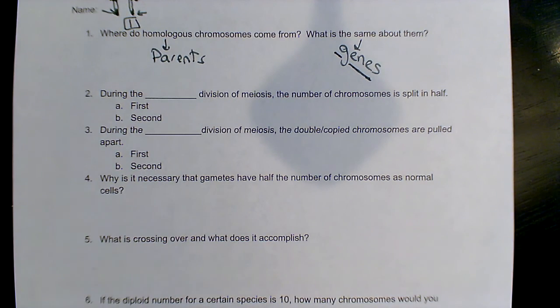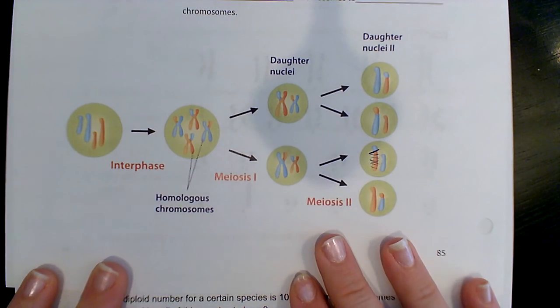During which division of meiosis is the number of chromosomes split in half? Okay, so this one we did not do so good on when I was grading them, and I was a little surprised. There's a really nice picture in your notes that I would have definitely looked at if I was trying to answer this question, and it is this one right here.